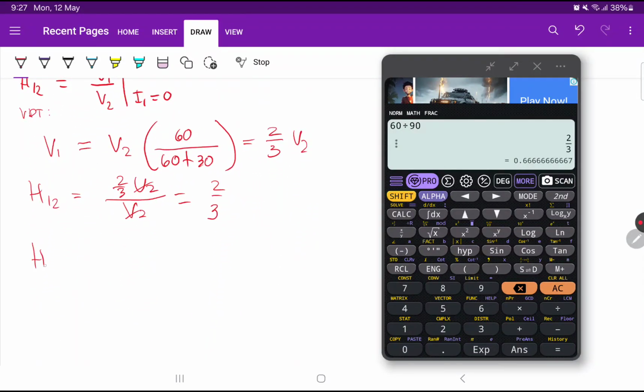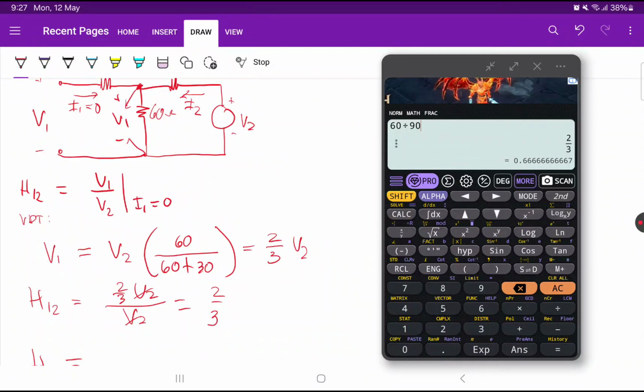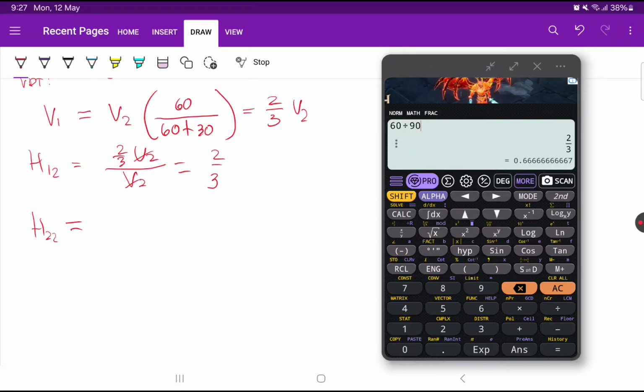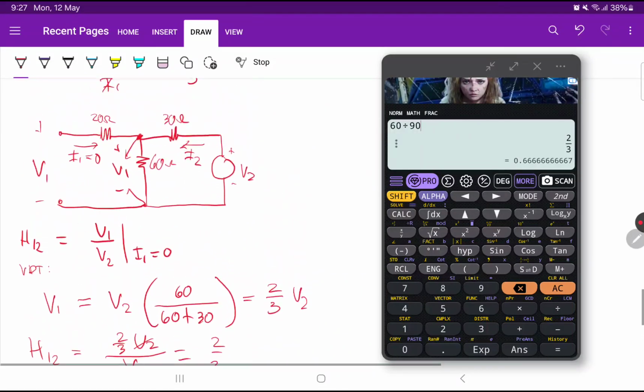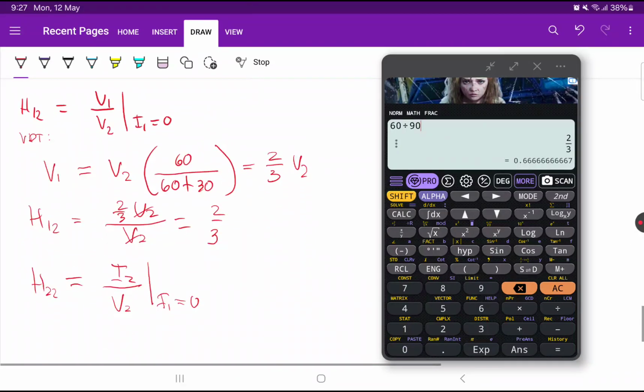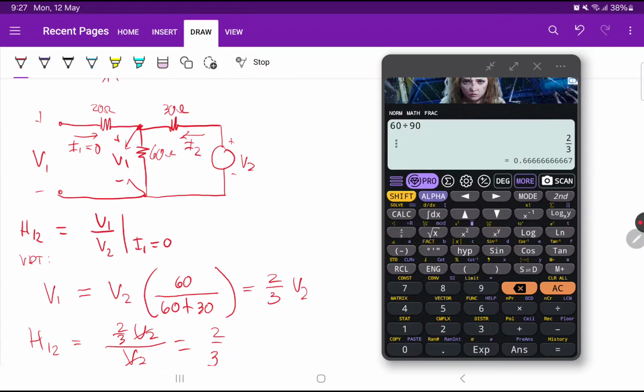Then finally for H22, this is an admittance. It's an admittance because H11 is impedance. And if it's admittance, then the current should be in the numerator, I2 divided by V2, making I1 equal to 0. We still use this formula here. So we relate I2 and V2. It's easy to solve that because the 20 ohms is just an open circuit, so we can disregard that 20 ohms. So it's just a series circuit of 30 and 60.